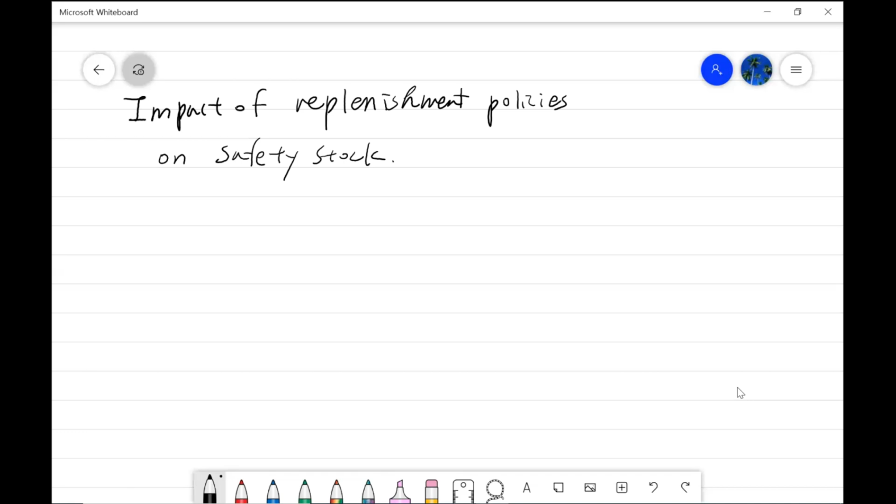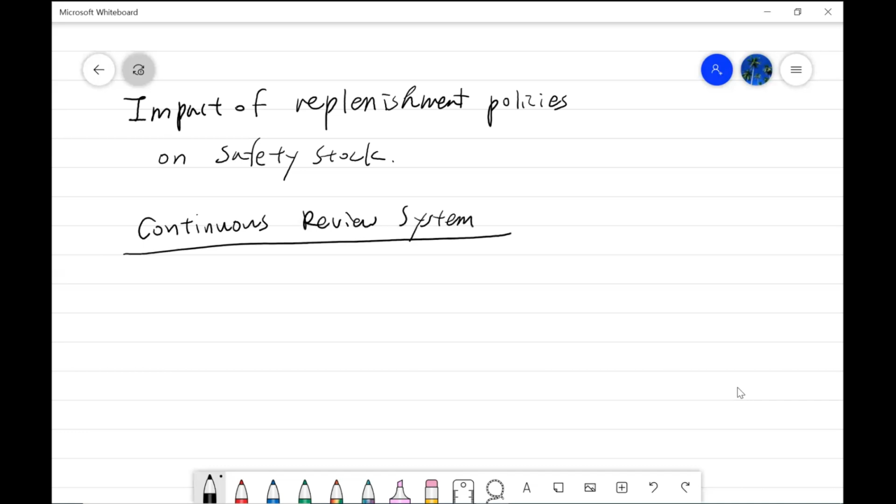Let's start with the continuous review system first. If I give you a conclusion first, under the continuous review system, the way you decide how much to order is using just a fixed order quantity, just like EOQ.